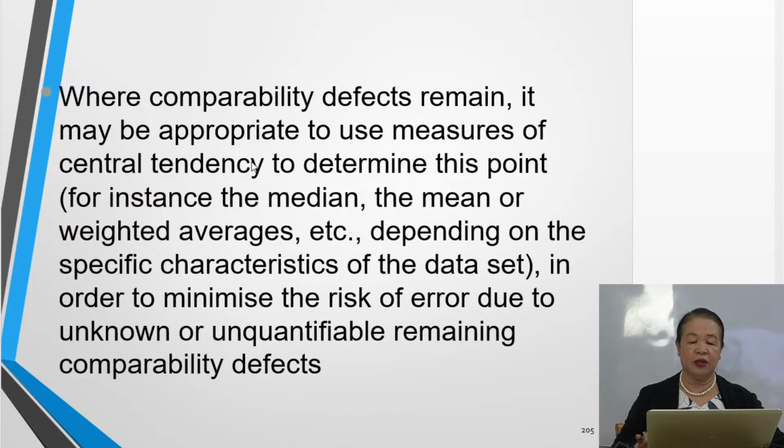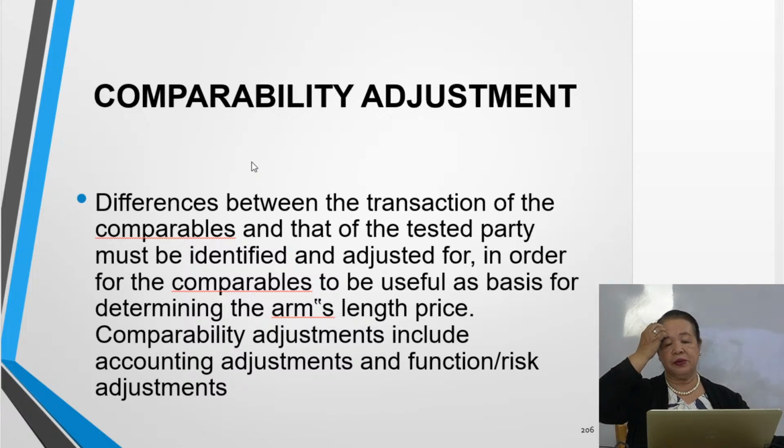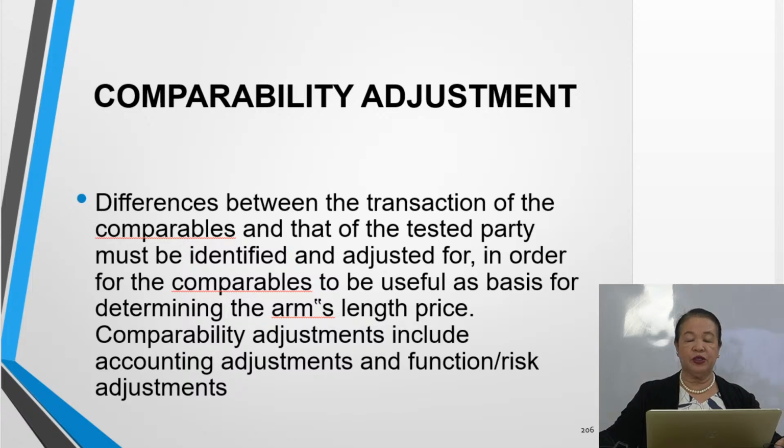Let's now go to the comparability adjustment. What is this comparability adjustment? This is the differences between the transaction of the comparables and that of the tested party, which must be identified and adjusted for in order for the comparables to be useful as basis for determining the arm's length price. Comparability adjustment include accounting adjustment and functions risk adjustment.